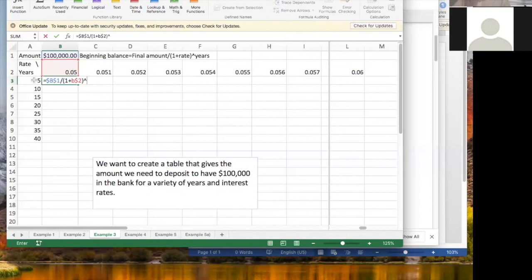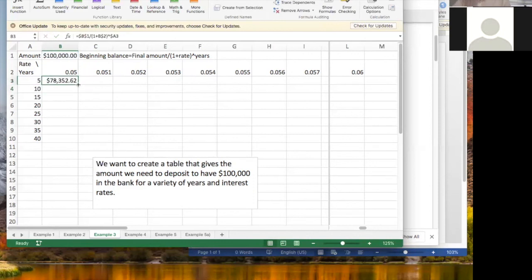I want to raise it to the power of the number of years. The number of years is in cell A3. And again, when I drag down, I want A3 to turn into A4 and A5 and A6. But when I drag across, I want A3 to remain A3, A3, A3. So I need a $ before the A. And that gives me an amount.